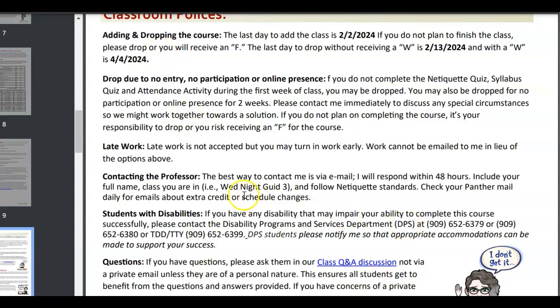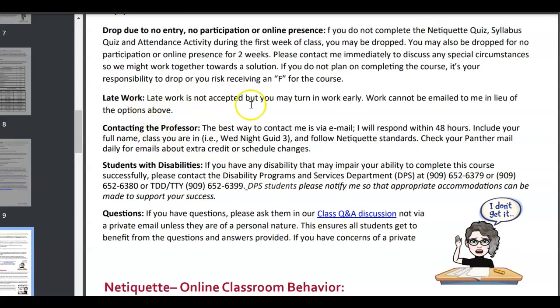Now, I don't accept any late work for our class. Work can't be emailed to me in lieu of the options above, like when you turn it in on Canvas. All work has to be turned in on Canvas. I don't accept late work for a number of reasons, okay? I have a lot of students who are like, why don't you accept late work? Well, one, I offer instead a lot of extra credit for you to do.